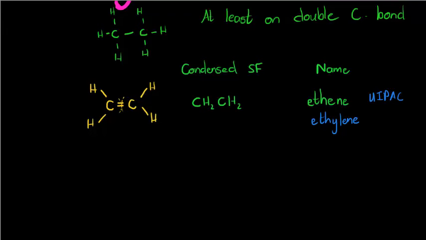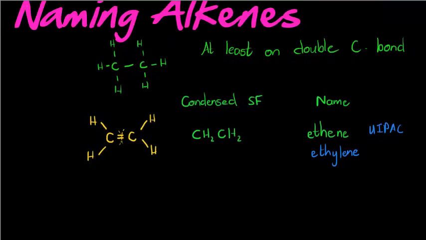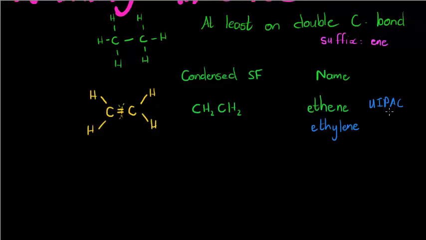So, how do we do the naming for alkenes? Where we had the suffix A-N-E for alkanes, this one will just get the suffix E-N-E, alkene. The rest is exactly the same.